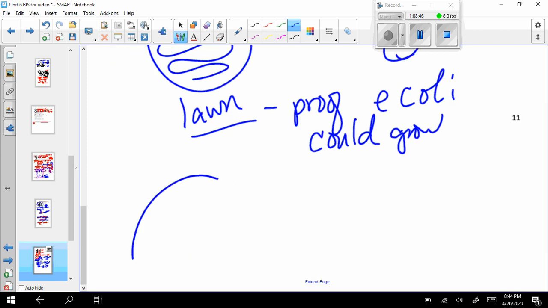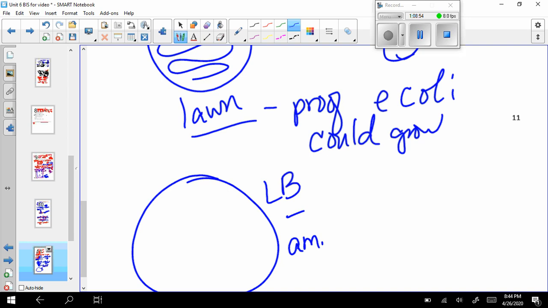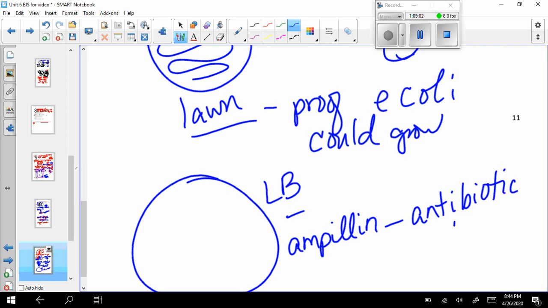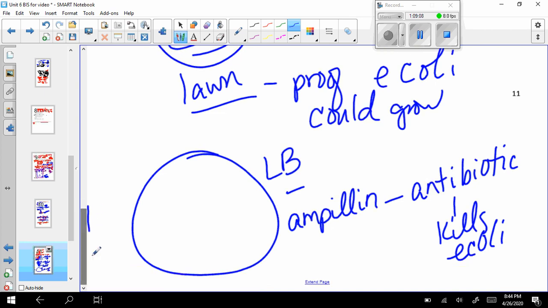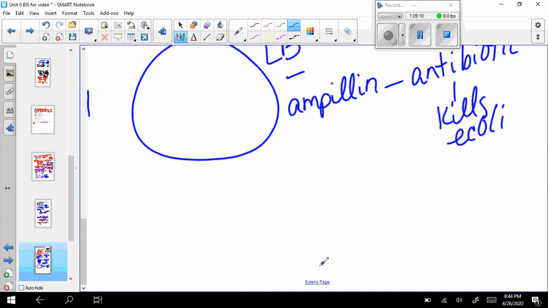But then we want to set up more tests than that. So we have one with Luria broth, the negative, and ampicillin. Ampicillin is an antibiotic. An antibiotic kills E. coli. This is another great example of a negative control because we are expecting to see no growth.